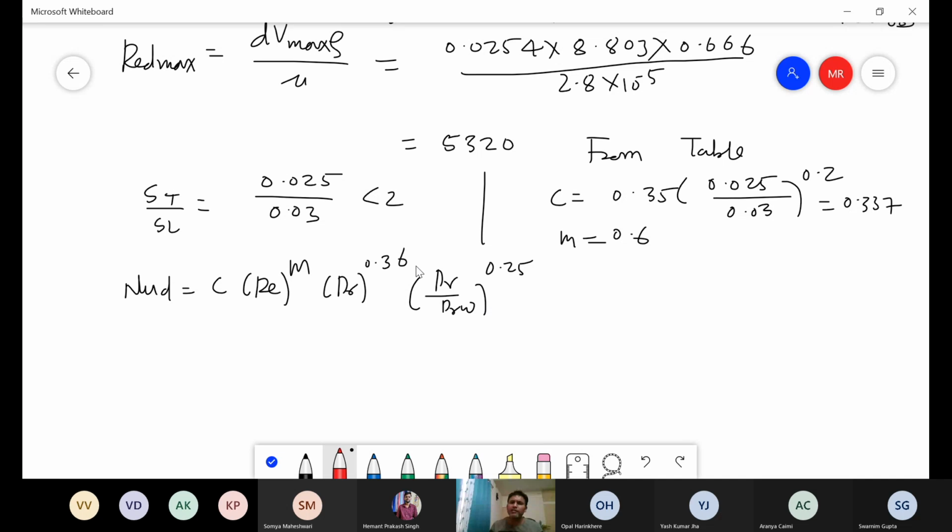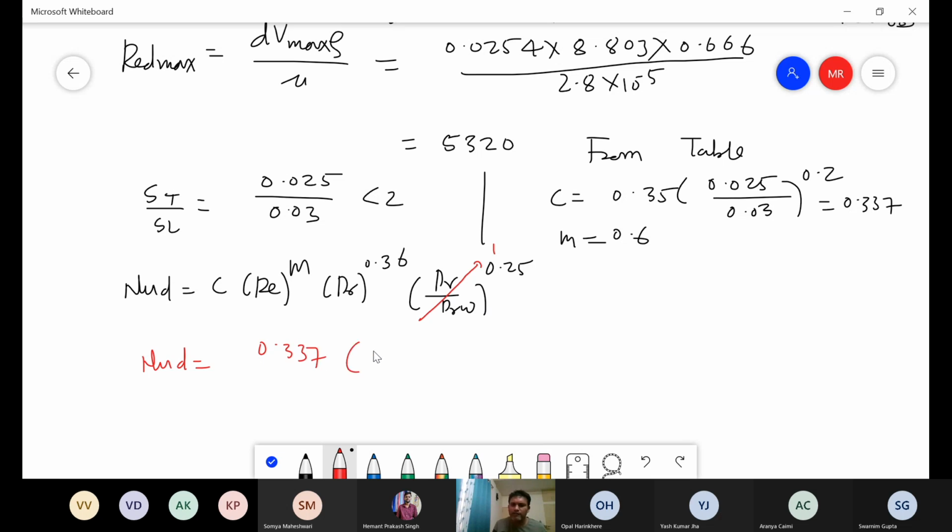As given in the problem, again we can assume that there is no viscosity changing as we move from the wall, so we can assume this equals just 1. So what we are left with is Nusselt number in terms of the diameter of the tube, given as 0.337.